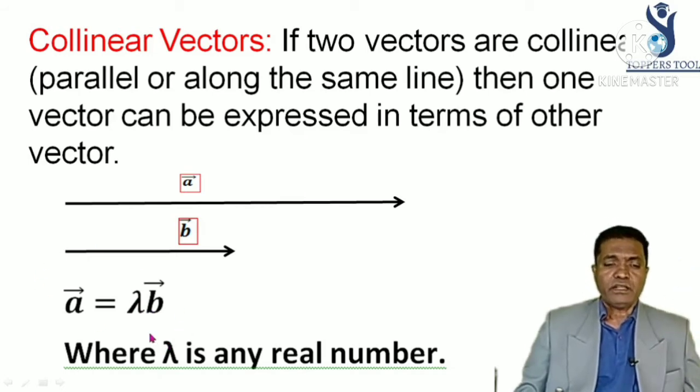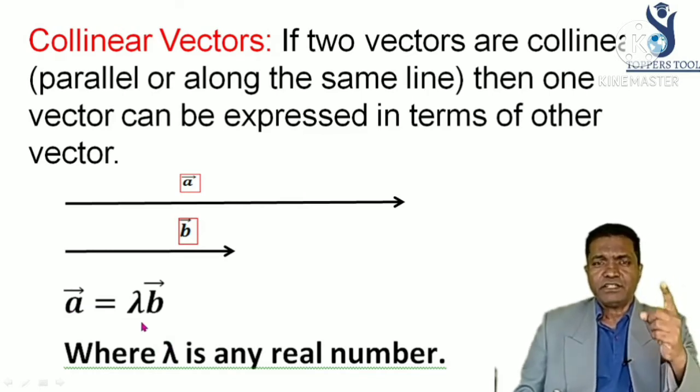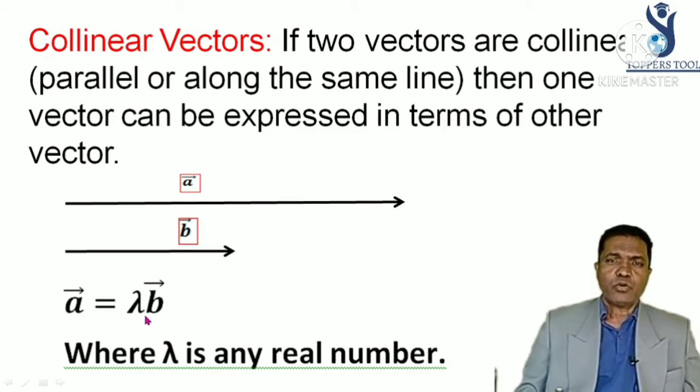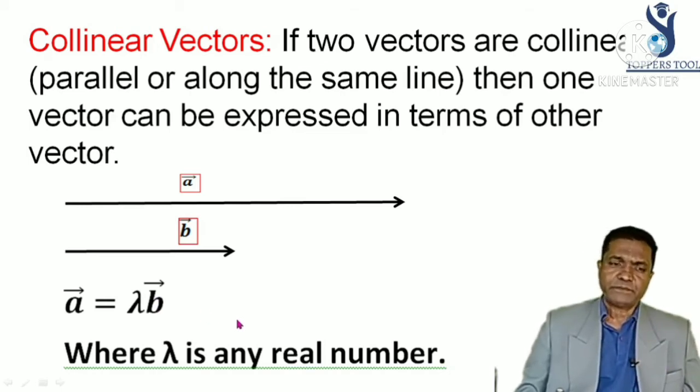Very important. Whenever you find that one vector is a multiple of another vector, you can immediately conclude that they are collinear vectors. This is to be noted, as we will be using it in the next 2 theorems.